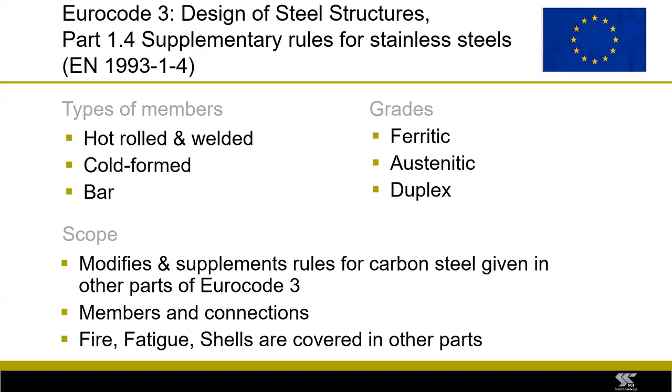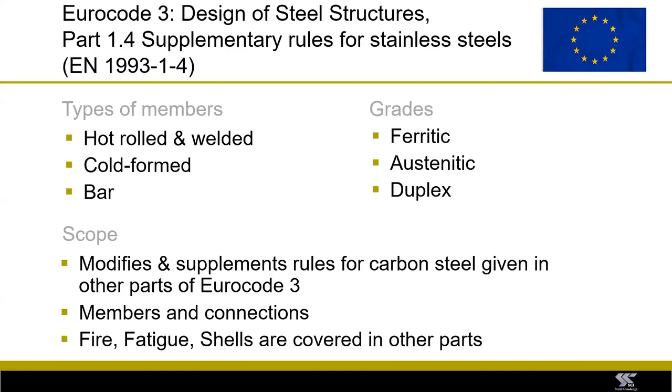It's called Supplementary Rules for Stainless Steel. So there's a clue, a big difference to the Australian standard and the American standard I'm going to tell you about. It's not standalone. This standard is quite short, I think 35 pages, something like that. And it just gives supplementary rules where you can't use the carbon steel rules that are given in other parts of the Eurocode.